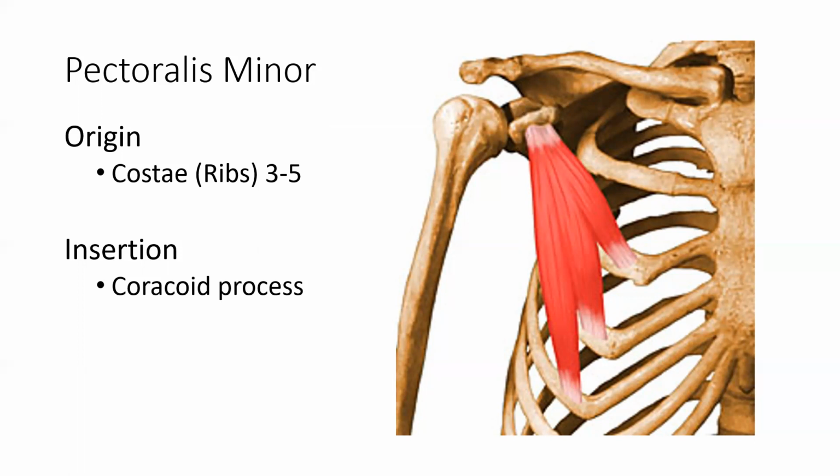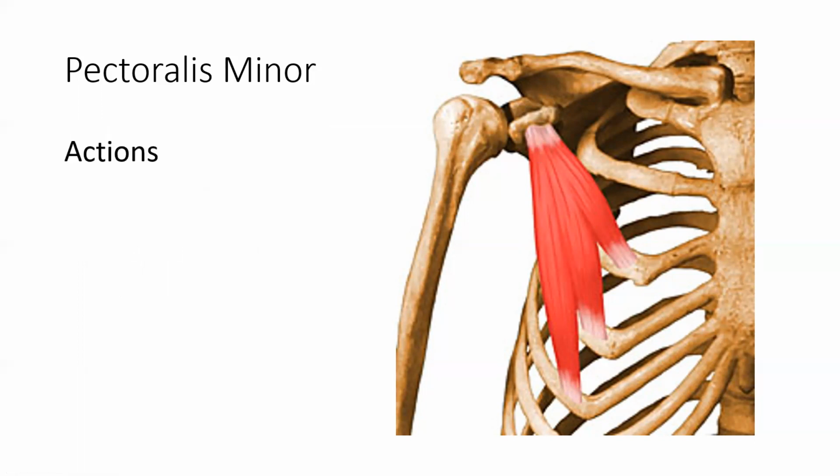So looking at this muscle, we have our origin site inferior on the ribs, and an insertion site superior on the scapula. What might be some actions that we can cause to the scapula? Think about that line of pull, bringing that coracoid process maybe anterior, maybe inferior.